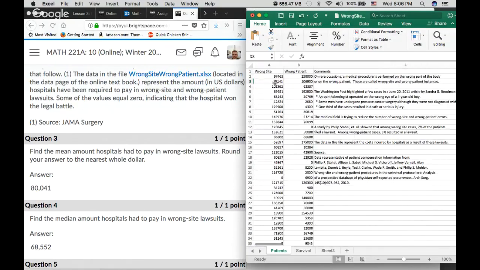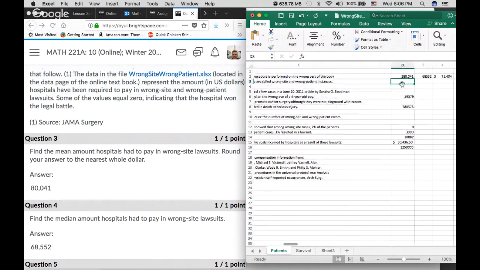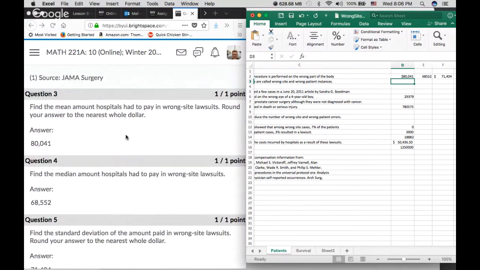So that was just the average of everything, right? It was the average of all the wrong site lawsuits. Yeah. Okay. $80,041 is the average, or the mean. I guess they call it mean in this class.